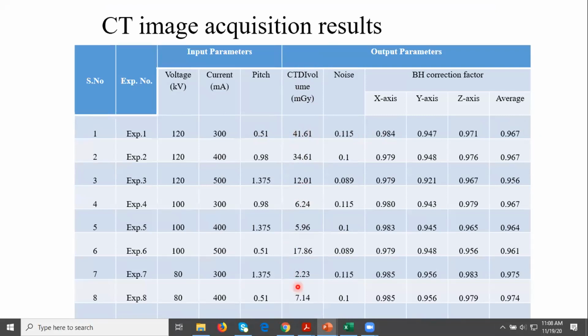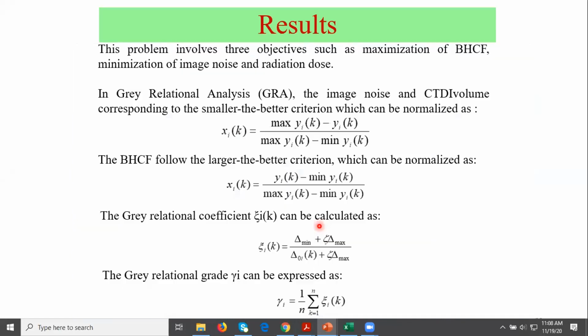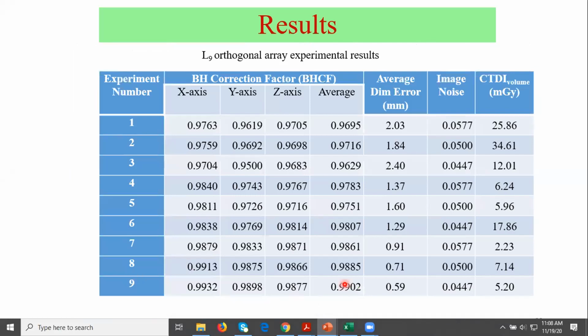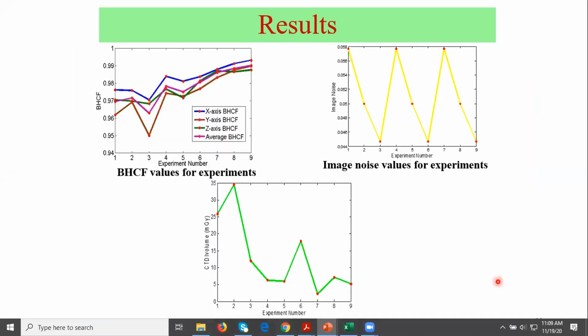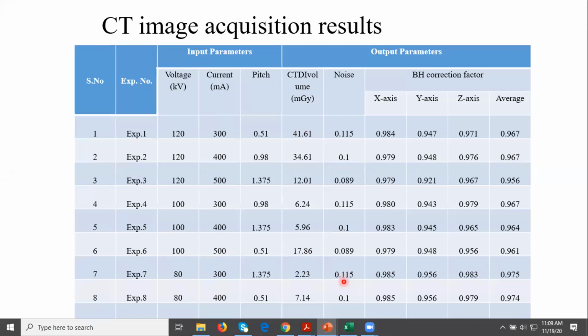The minimum value is 2.23 when we are considering these 9 experiments. So 9 experiments are there. For the maximum value I'm taking 41.61, the minimum value I'm taking 7.14.